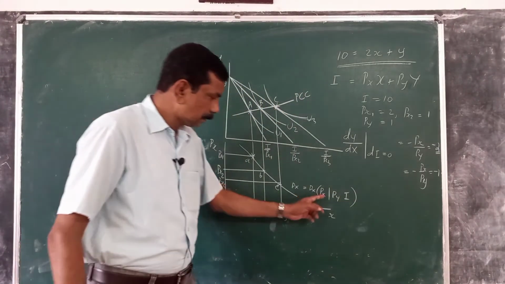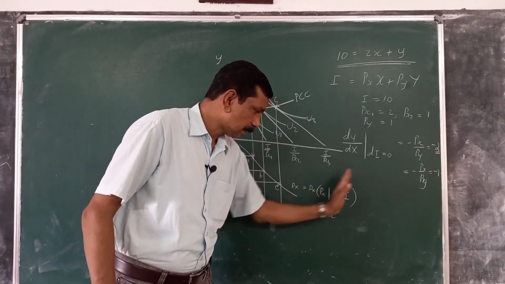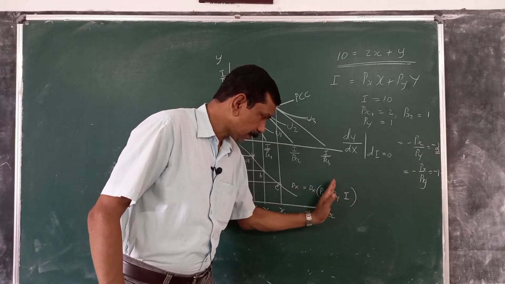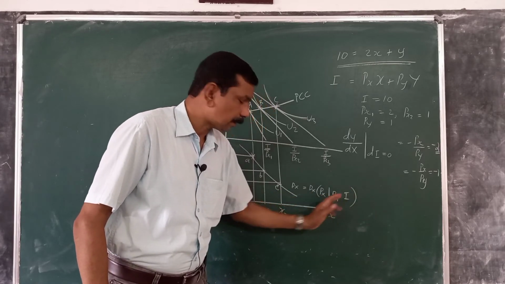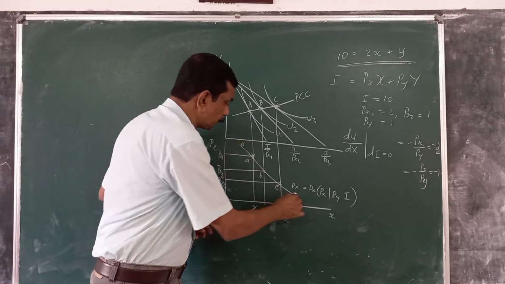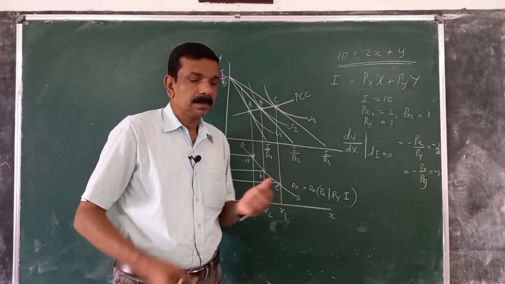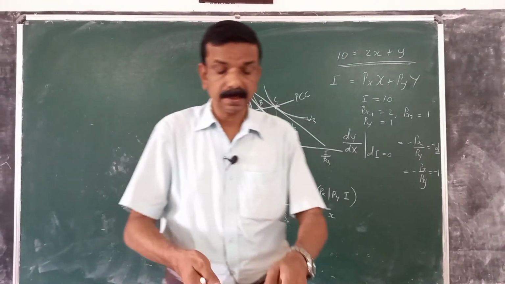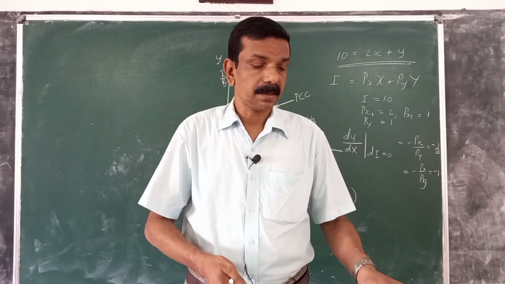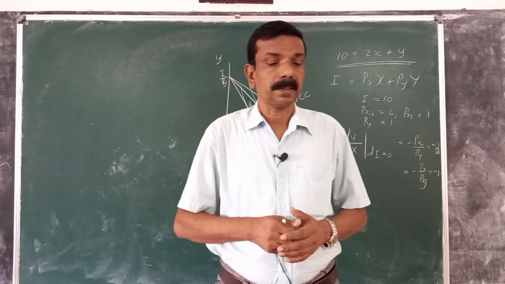The bar implies that the variables beyond the bar are held constant. So we have the usual downward sloping demand curve obtained from the points of tangency between indifference curves and budget lines.